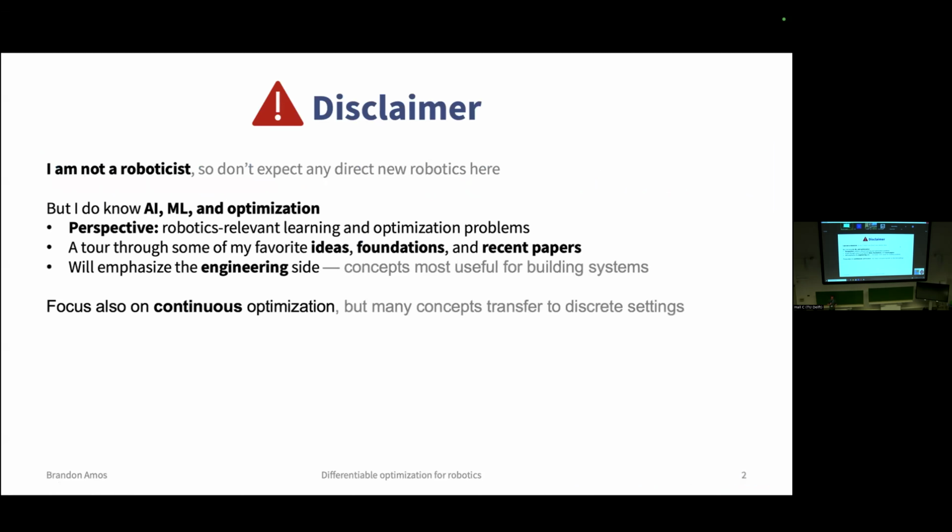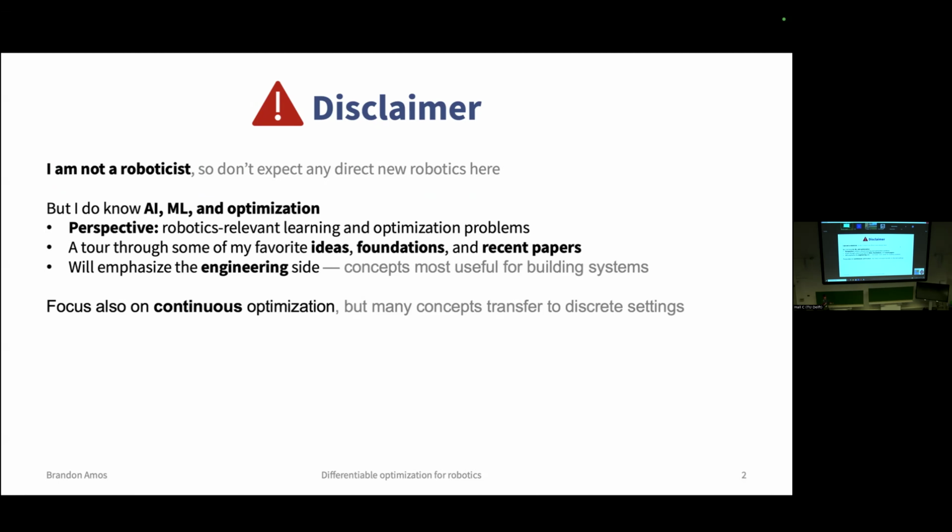One disclaimer before I jump into some more of the details. I'm not primarily a roboticist. I do work with roboticists, but I don't directly do the robotics. So don't expect any drastically new robotics in this. But I do know the machine learning, AI and optimization side, and I have a good sense of some of the optimization problems flying around.